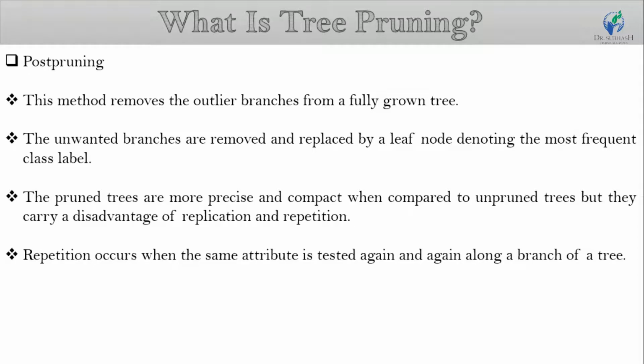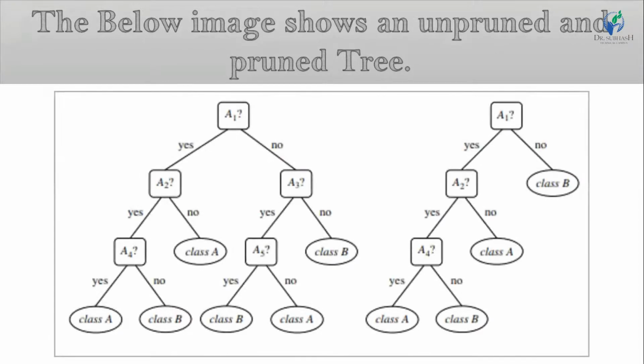This issue can be solved by multivariate splittings. Now we see the below image of an unpruned and a pruned tree. On the left-hand side we see an unpruned tree and on the right-hand side we see a pruned tree.